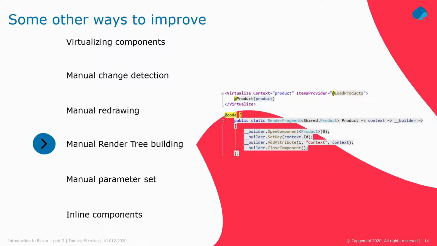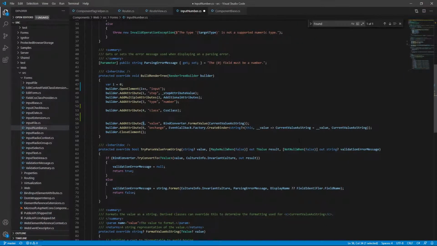Further, we can actually take the wheel and render the markup on our own. We can use the lambda expressions with the builder for that. This builder is actually the same builder that was used to implement the built-in input number component in Blazor.